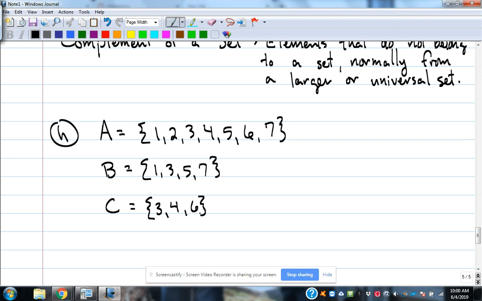All right. Now, those are our 3 sets, and let's answer a few questions. This kind of pulls it all together. Everything that we talked about with sets is used when we're talking about complement of a set. So let's answer this question first. What does that question even ask?